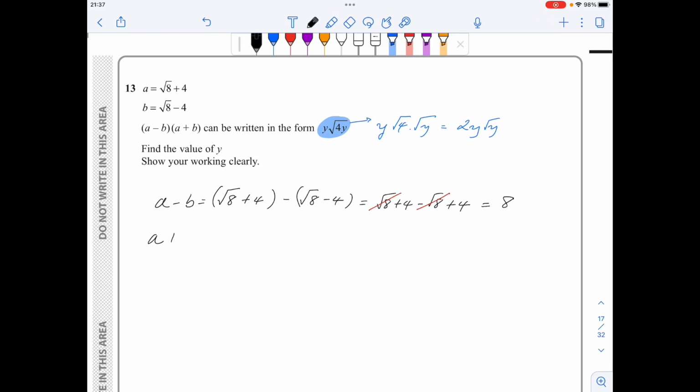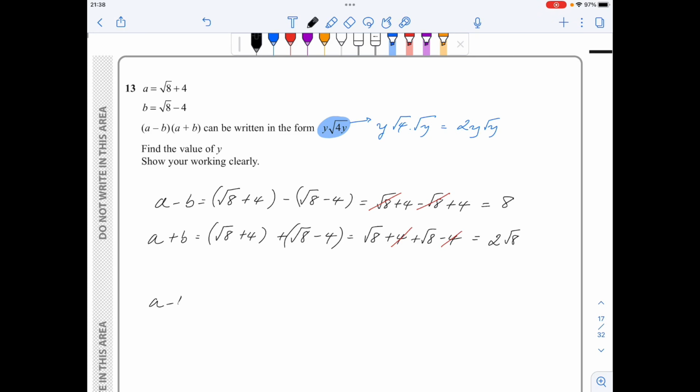Similarly, a plus b will give me square root of 8 plus 4 plus square root of 8 minus 4. Again, remove the brackets, square root of 8 plus 4 plus square root of 8 minus 4. This time, the 4 and the minus 4 cancel out, and I'm left with 2 square root of 8.